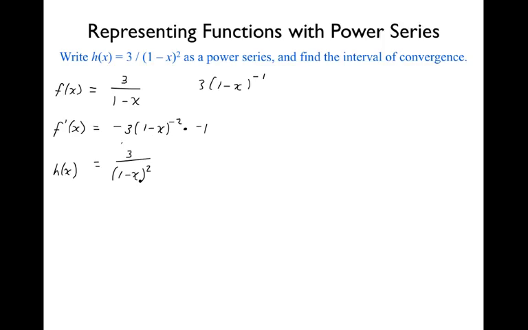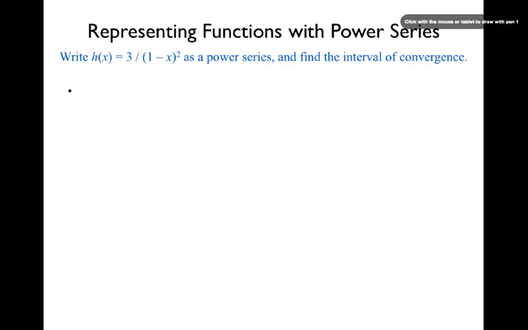All right, so let's start again here. So I'm going to take f of x equals 3 over 1 minus x. And what is that as the power series? Easy, right? The sum from n equals 0 to infinity of 3 times x to the n, right? A r to the n.